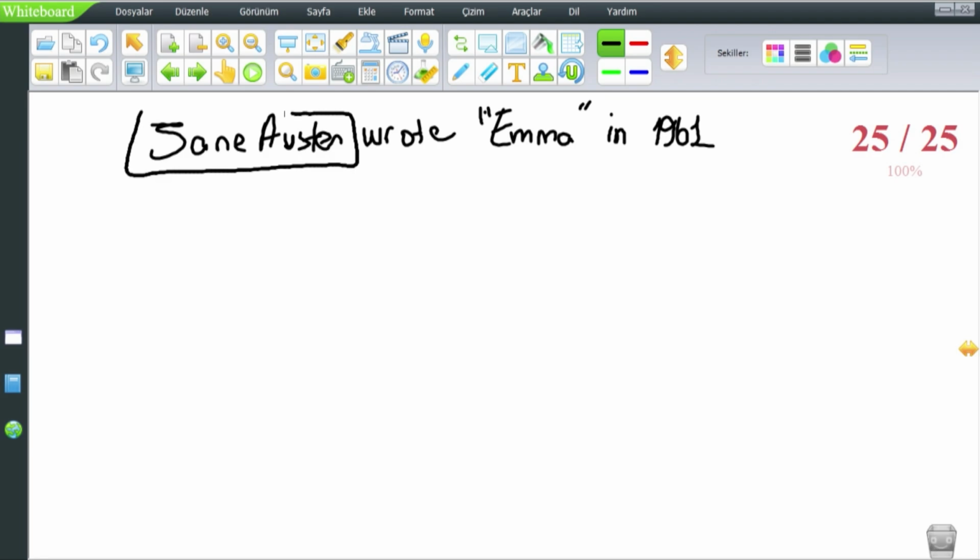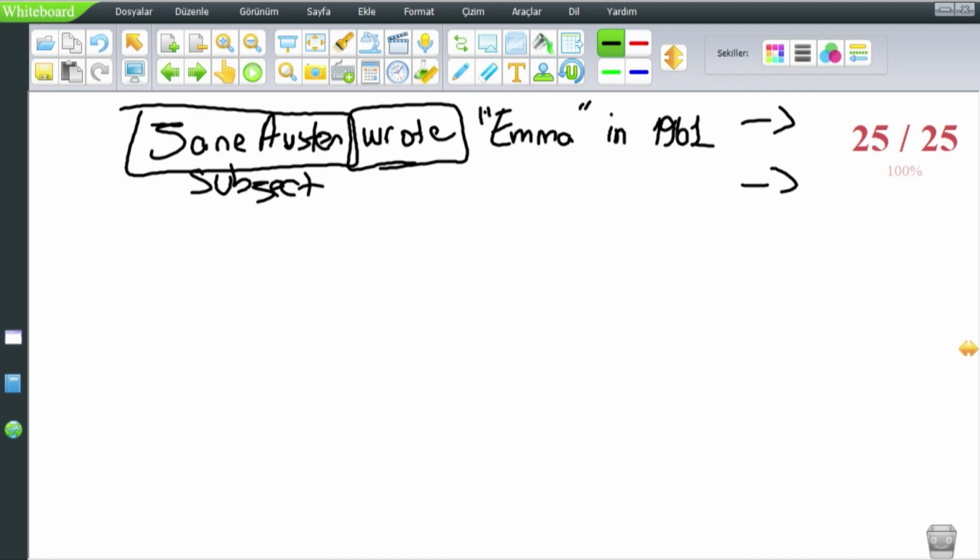This is my subject, Jane Austen. The person that makes the action, that takes the action. This is my verb, and this is the object. And we have a time in here, which is perfect because we haven't shown an example using a date.